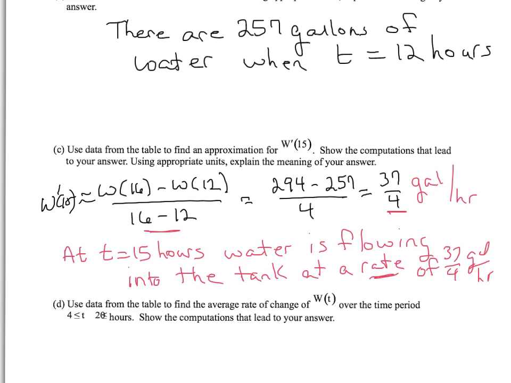As long as you show this, you've got your answer, and you just explained what that means. That's the rate at which water's flowing into the tank, 37 fourths gallons per hour. If you're finding the rate, not how many gallons. It's a rate of change. It didn't ask us for how many gallons. It's just the rate of change, approximately.